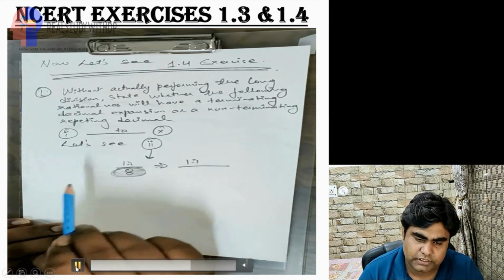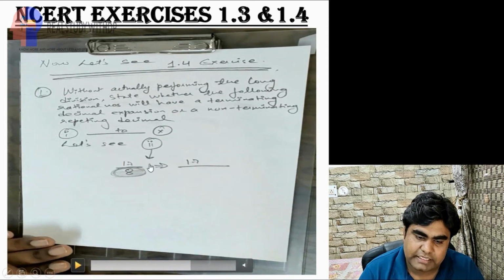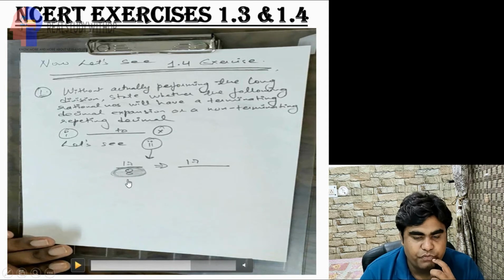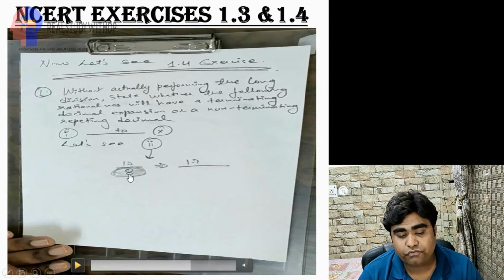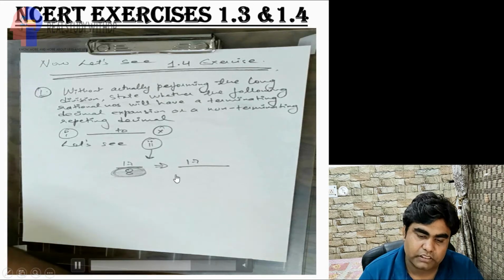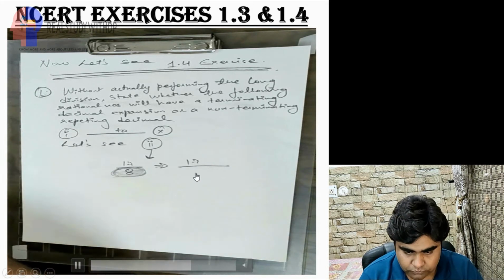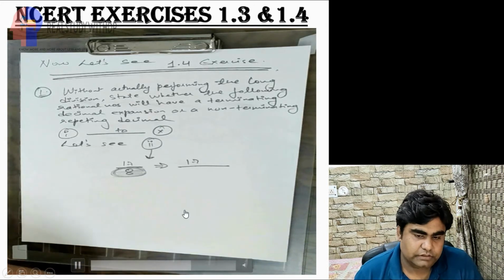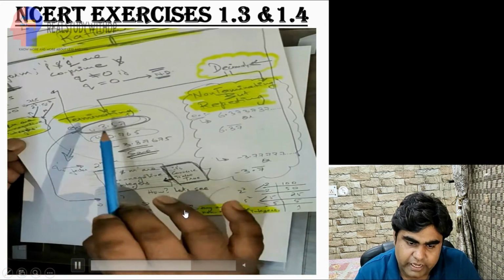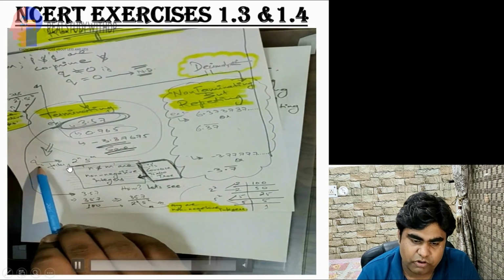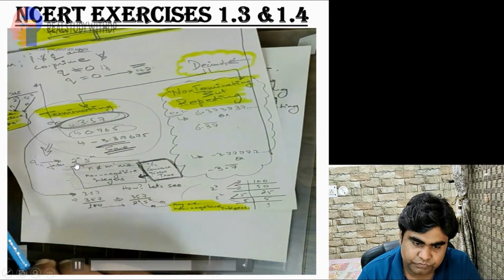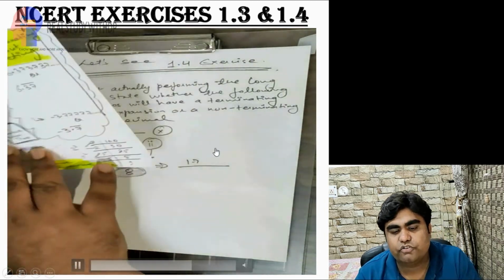So the second part we have considered. The number is 17 over 8. So what we are going to do? We are going to perform the prime factorization of 8, and we are going to see what the prime factors of 8 will be. It will be 2 to the power 3. As we are looking, if the factors of q are going to be only 2 and 5, then the number is going to be terminating.